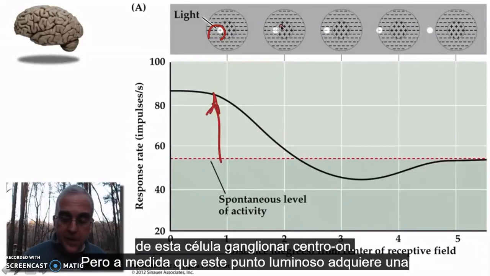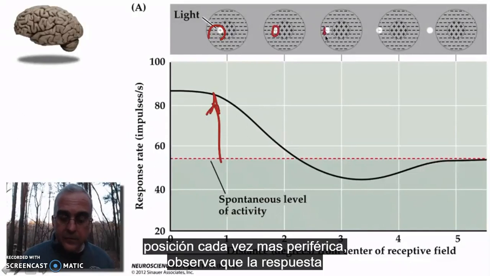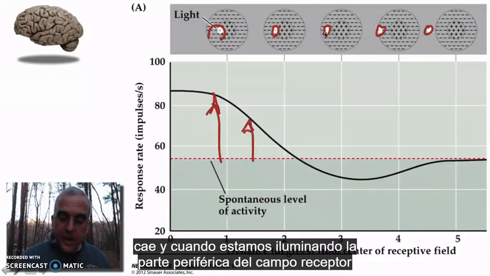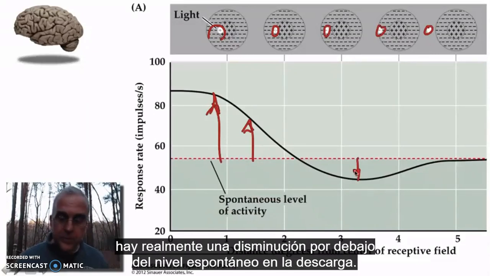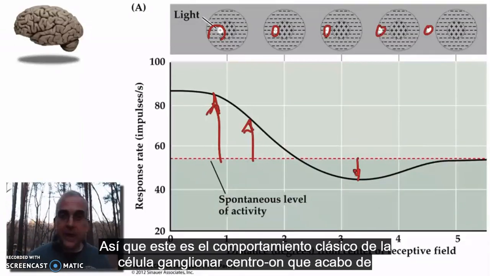But as this spot of light acquires an increasingly more peripheral position, notice that the response falls, and when we are illuminating the surrounding part of the receptive field, there's actually a decrease below spontaneous level of firing. So this is the classic behavior of the on-center ganglion cell that I just described.